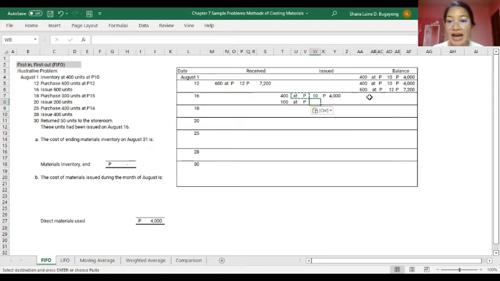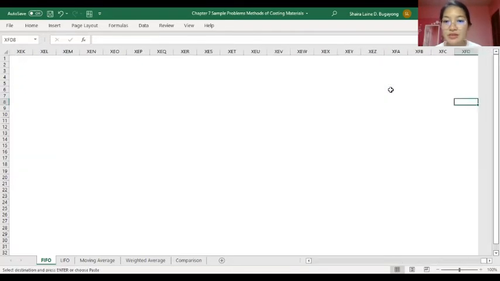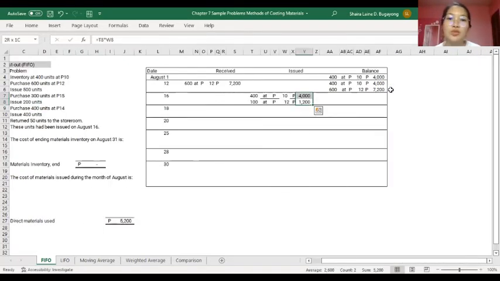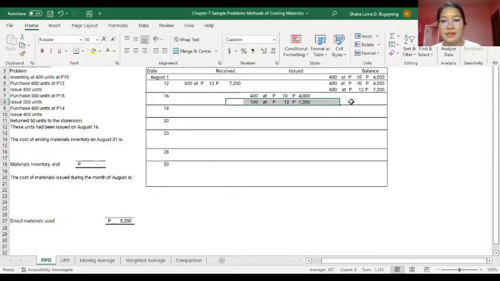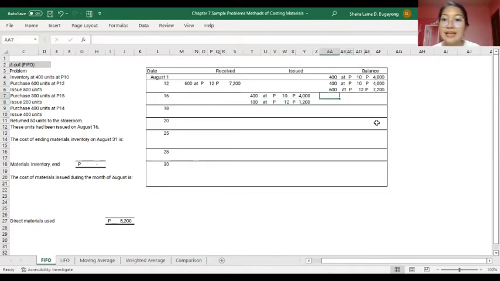So at 12 pesos po this one. So cost nato would be is 5.2. Okay, so the balance na lang dayon is kaning 600 minus 100. So still at 12 pesos. 100 multiplied by 12, so the balance is 6,000.